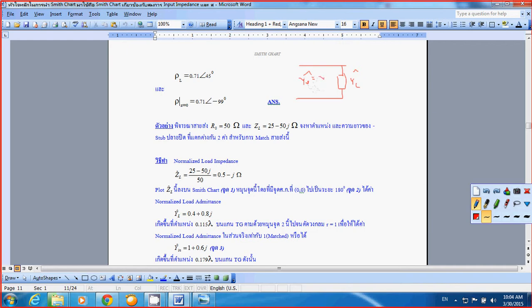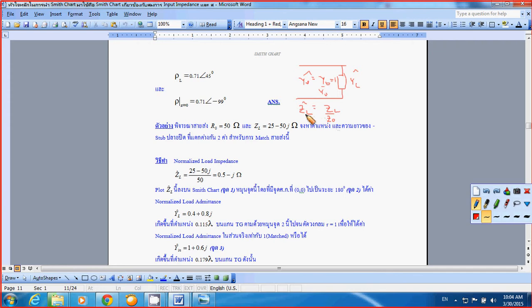You divide Y0 by Y0 and it just gives you 1. It's pretty much the same as the impedance, because you know ZL normalized simply equals what? ZL divided by Z0, correct?